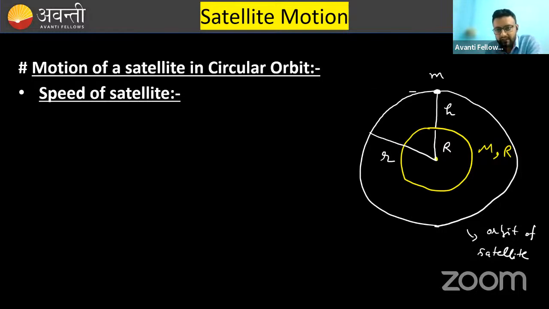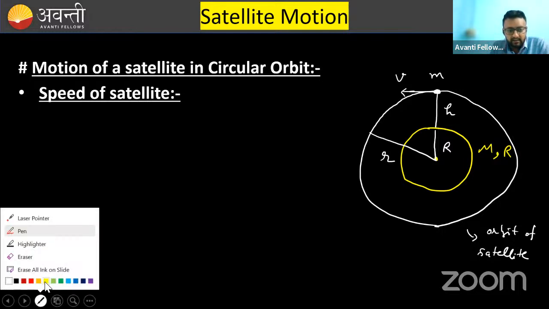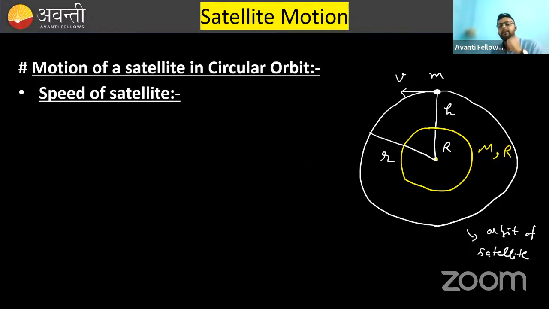Let's suppose the speed of the satellite is v. When the satellite revolves in a circular orbit, there must be a centripetal force. And this centripetal force is provided by the gravitational force. So the centripetal force is m v square by r.